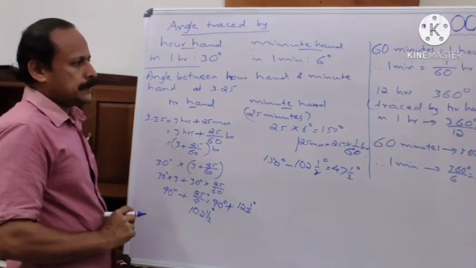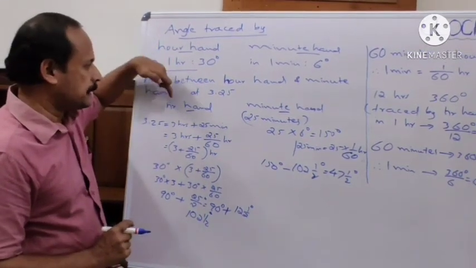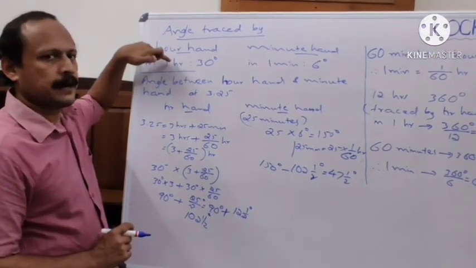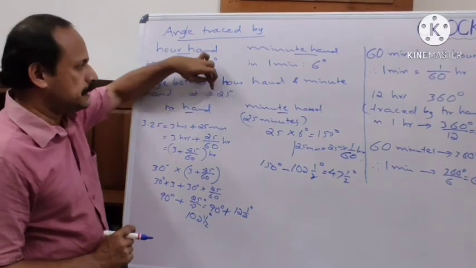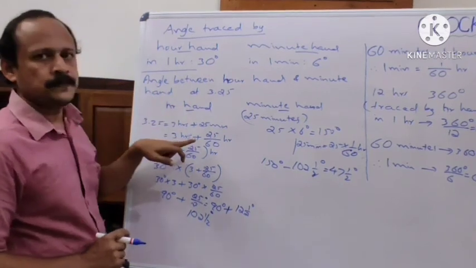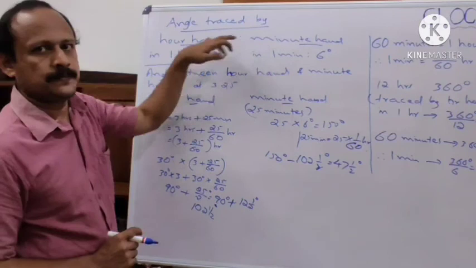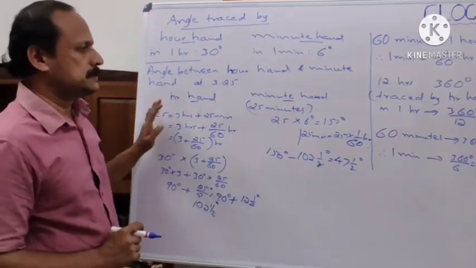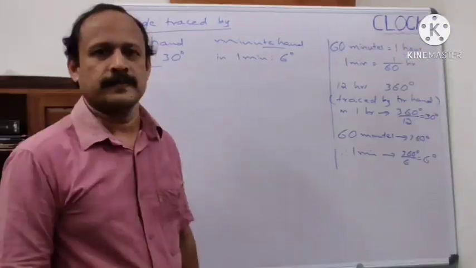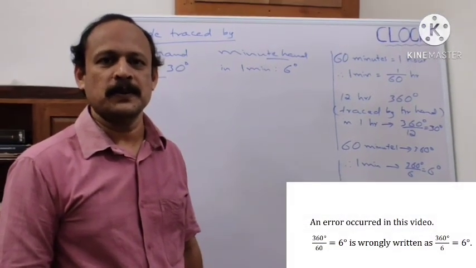In such questions, when we consider the angle traced by hour hand, remember that the minutes is to be converted to hours, and use these two results to find out the answer. With these ideas in mind, you try more questions.